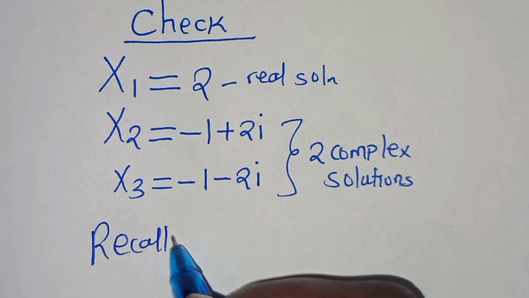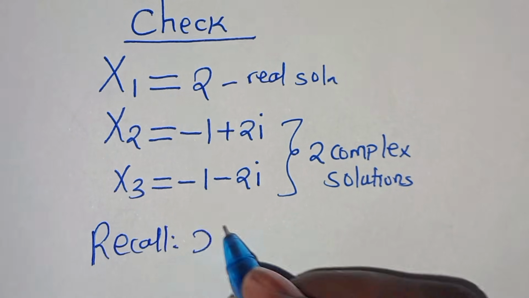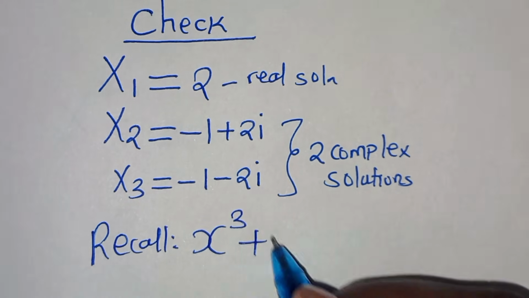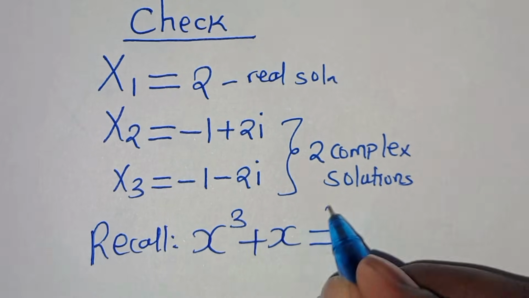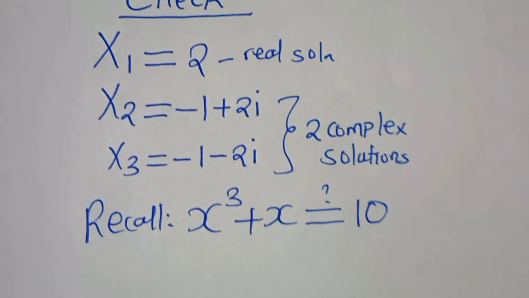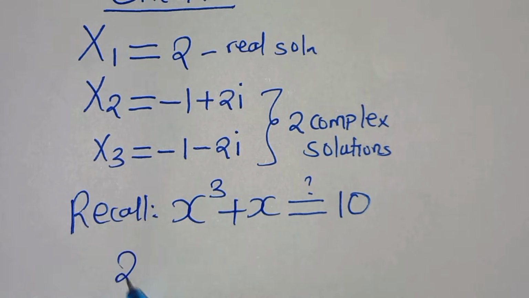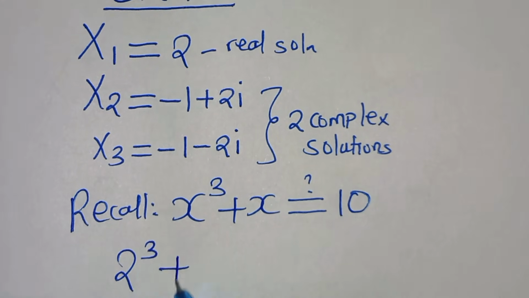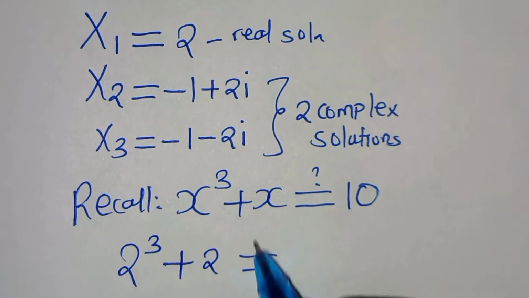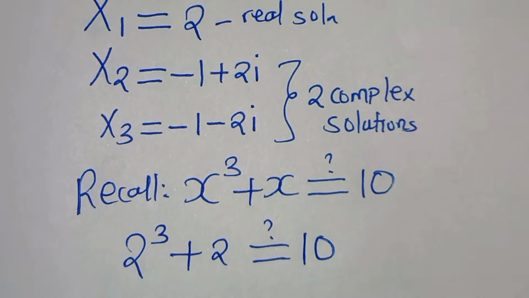Now, if you recall, we have x to the power of 3 plus x. This is supposed to give us a value of 10. Let's start with x1, which is 2. So we have 2 to the power of 3 plus 2. This is supposed to give us a value of 10.